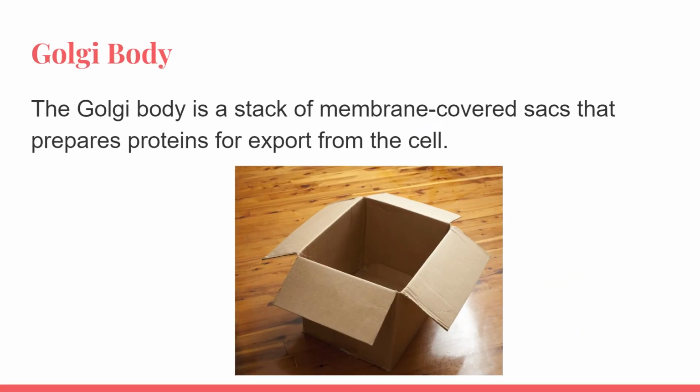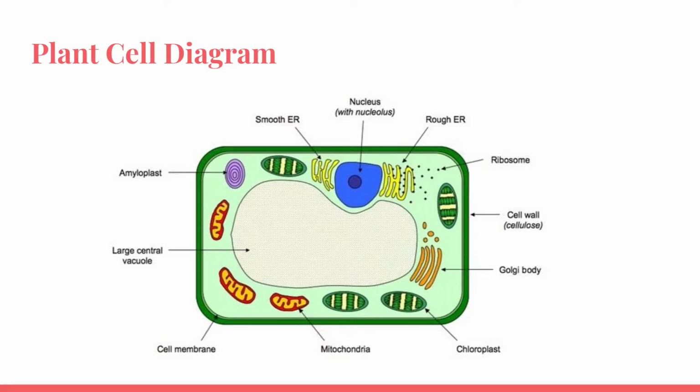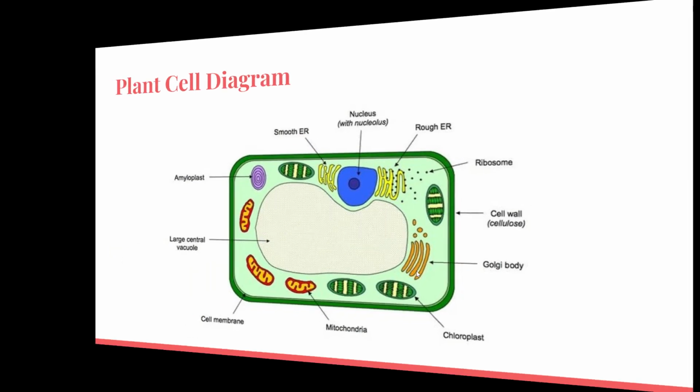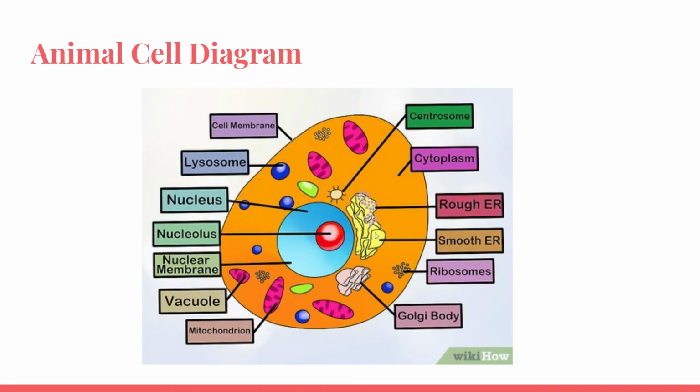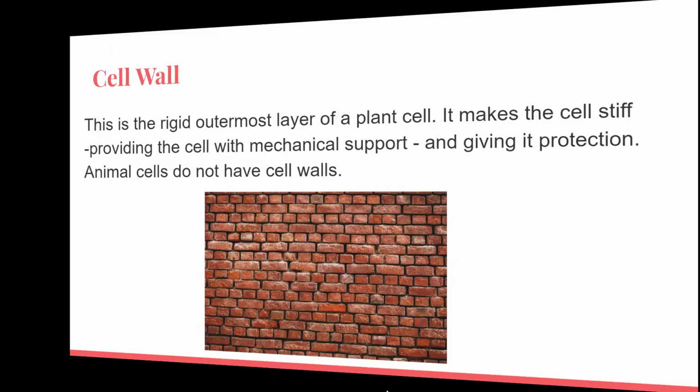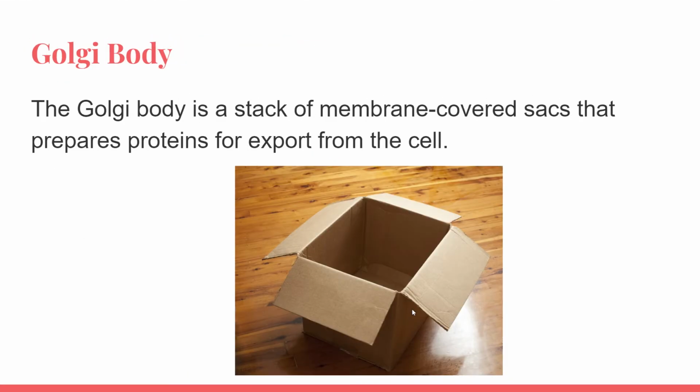Next, we have the Golgi body. So that's the diagram. We have the Golgi body here. They're sort of like strands. And the Golgi body here. But the Golgi body basically packages and prepares proteins for export from the cell.